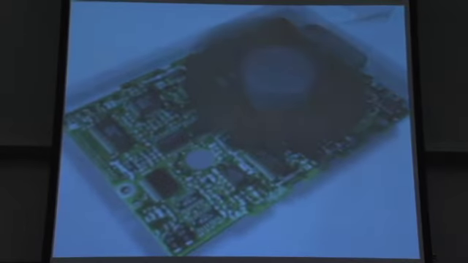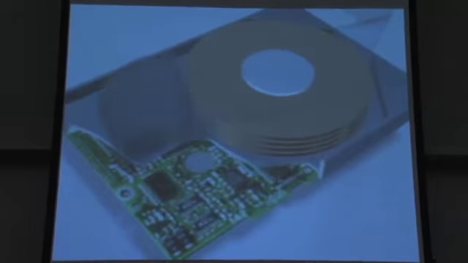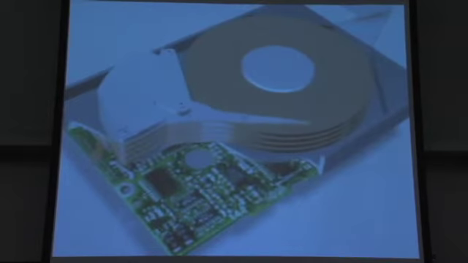Some of the signals control a motor which spins metal-coated platters. Your data is actually stored on these platters. Other signals move the read-write heads to read or write data on the platters. This machinery is so precise that a human hair couldn't even pass between the heads and spinning platters. Yet it all works at terrific speeds.